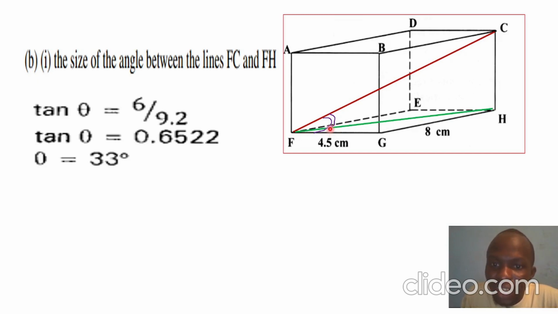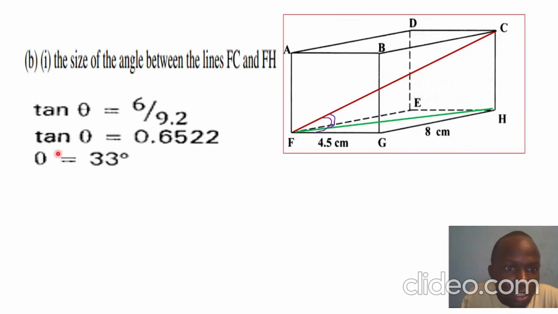We have an option of using cosine theta, or we have another option. We already have this side which is opposite, and then we have this side which is adjacent. We also have the hypotenuse. So in this example, we have decided to use the relationship between this CH and this FH, 9.2, so that opposite over the adjacent is equal to tan theta.